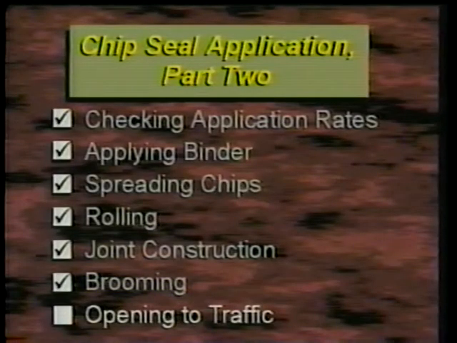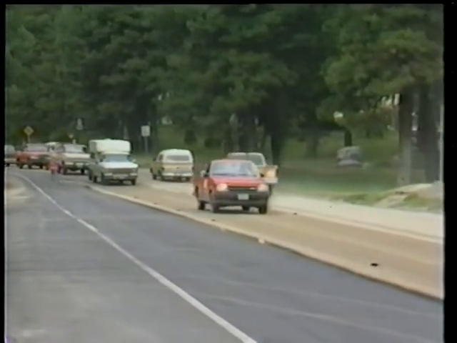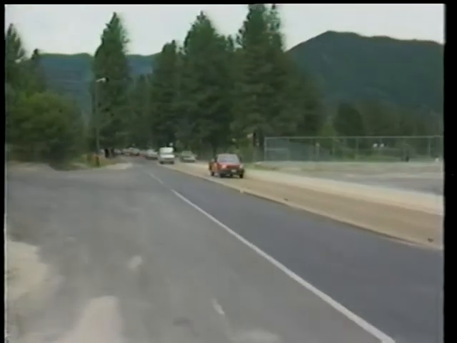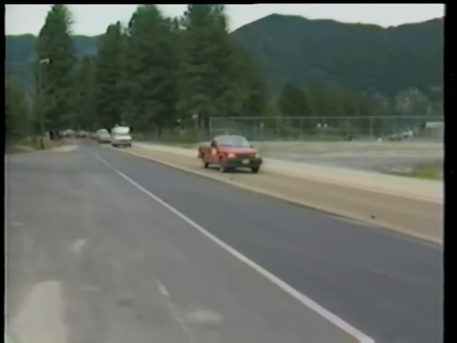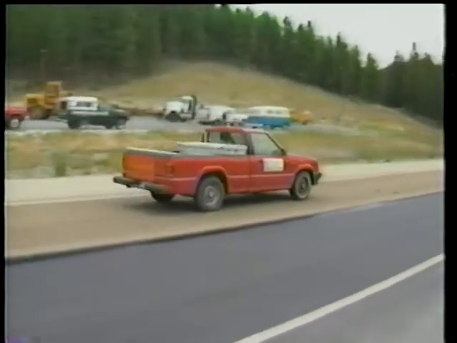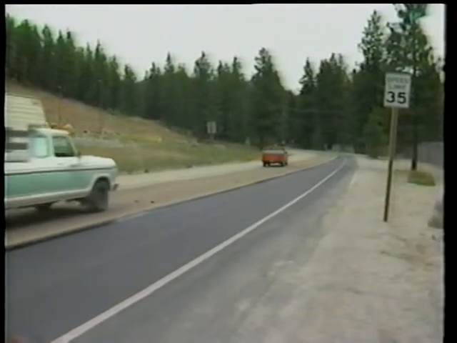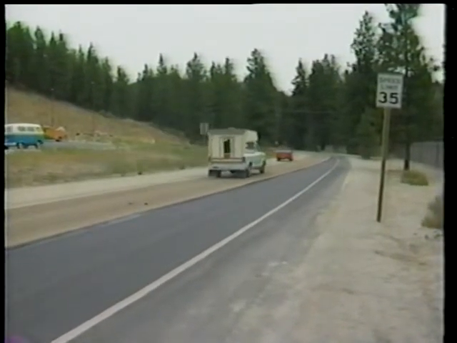And that brings us to the final step of the operation, opening the chip seal to traffic. Opening fresh chip seals to traffic is desirable. The traffic will help to roll the surface further. Still, there are a couple of things to keep in mind. First, you want the traffic to travel slowly, no more than 40 kilometers per hour.